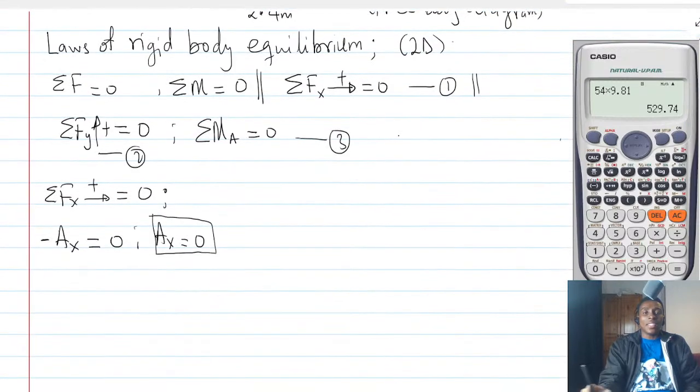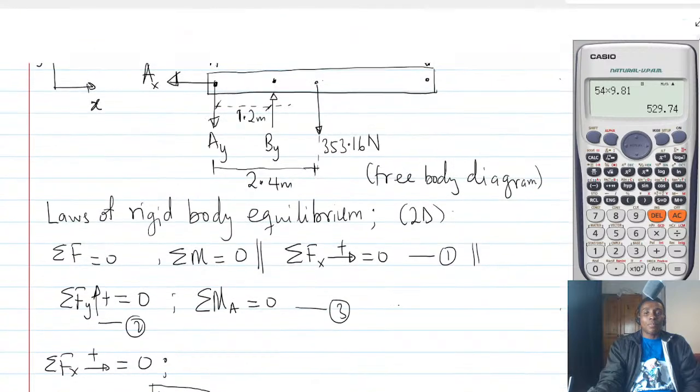Now again, let's sum forces along the y. So summation of forces along the y, every force going up positive, is 0. Is that clear? Alright. So now this is what we are going to do. We will go back to the diagram.